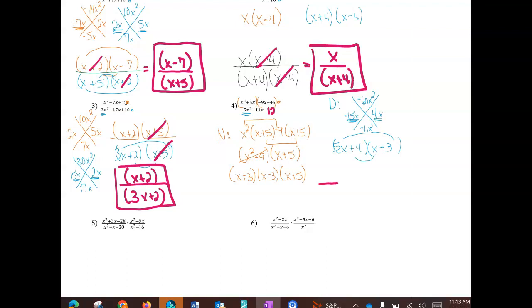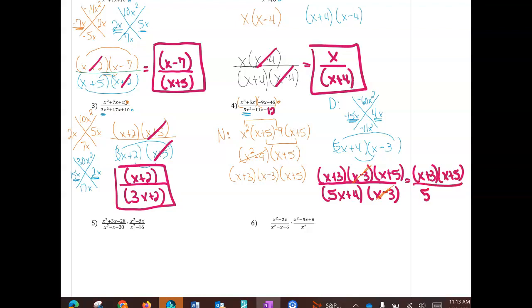So we're ready. Let's put this together. So my numerator is x plus 3, x minus 3, x plus 5. My denominator is 5x plus 4 with the x minus 3. And can't cross out much, but I can cross out these x minus 3's. So when I'm done, my final answer is in the numerator, x plus 3 with x plus 5, and 5x plus 4 in the denominator.